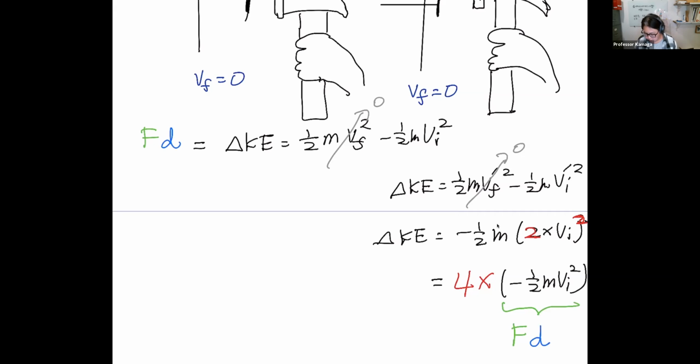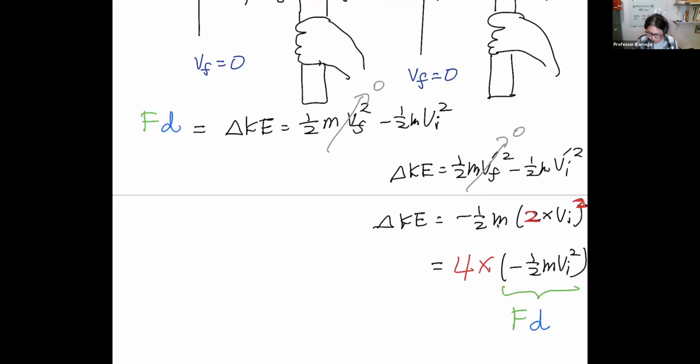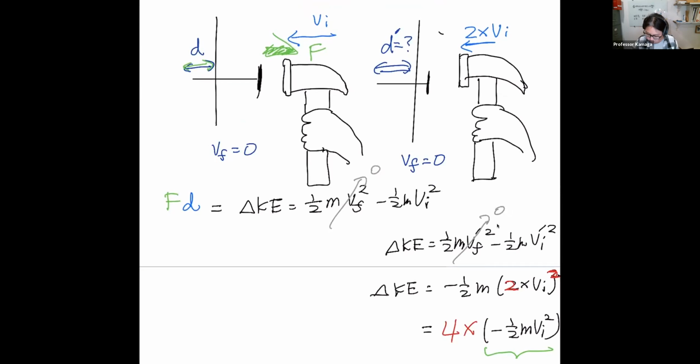This equals FD, we said. But look, the force that the wall can exert to stop the hammer doesn't depend on whether you're moving 4 times or 100 times faster; it's just a property of the wall. So the wall still gives the same amount of force to stop. But the nail will have to go in deeper, because you're only getting the same amount of force, so it takes longer for the nail to stop the hammer.